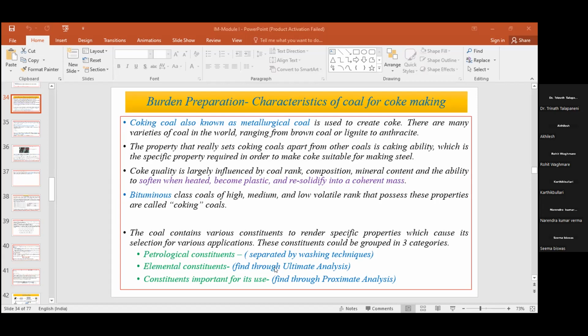So in all, most of the integrated steel plants will be having coal washeries for this separation purpose. And apart from this, we have some elemental constituents which we can find out through the ultimate analysis. And the rest of the constituents, which are very much important for its use, can be found out through the approximate analysis.